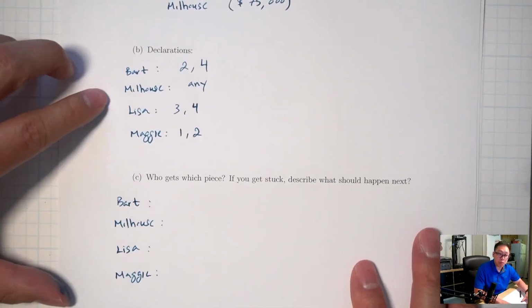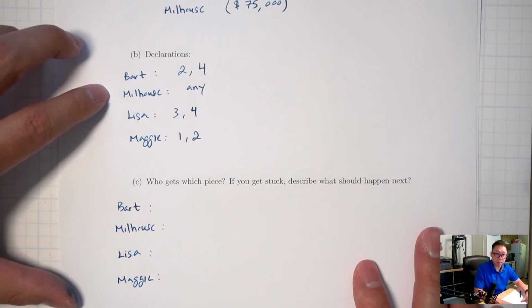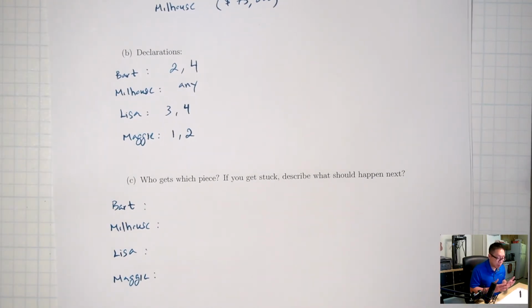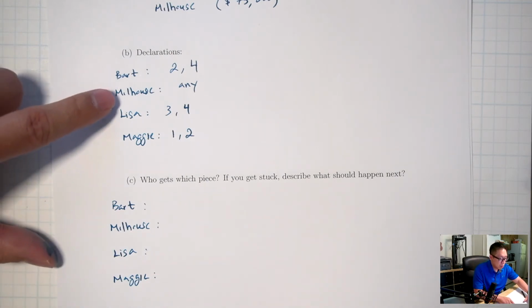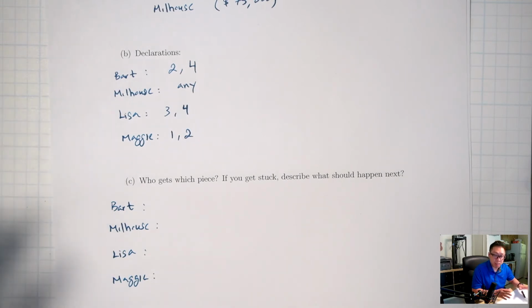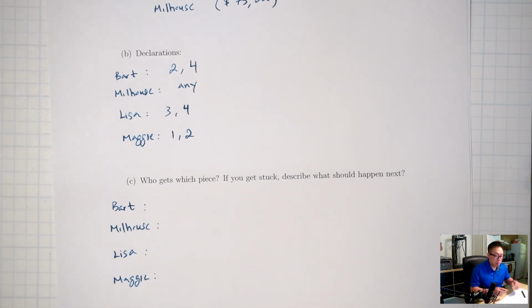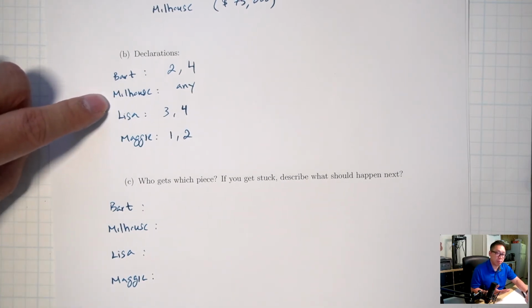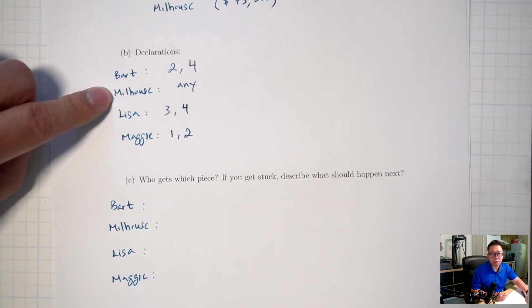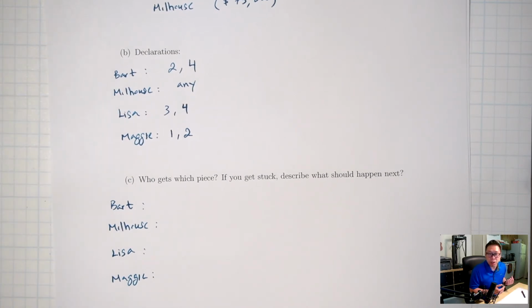Just look at the declarations that you made in part B. Okay, and try to give everybody a piece that they would accept. So a strategy here is deal with Milhouse, the divider, last. So Milhouse would accept anything. Because he's so flexible, it's easiest to deal with him at the end because we can just give him whatever's left. Okay, for everybody else, try to look for the person who is most picky.